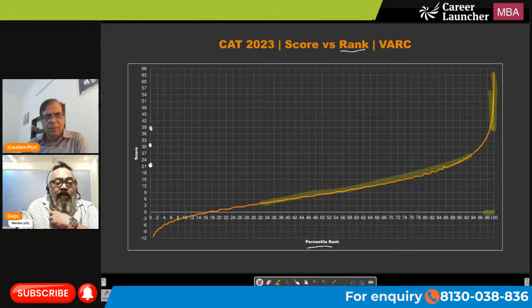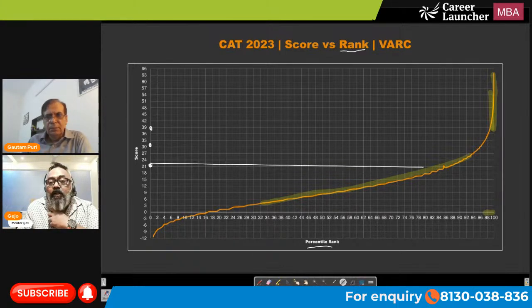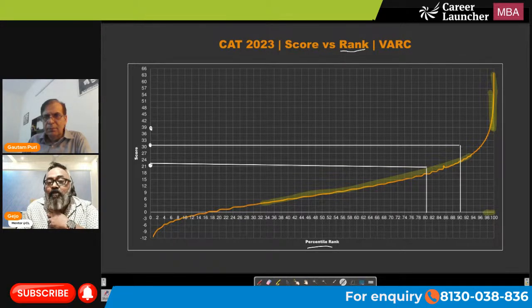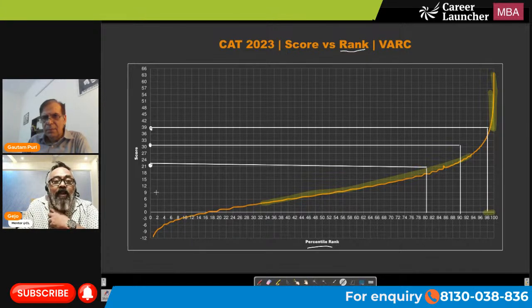If you look at the data, in your 20s that's about the 80th percentile. In your 30s, you'll get to about the 90th percentile. In your 40s, you'll hit very close to the 99th percentile. And if you are in single digits, you are probably somewhere around the 60th percentile.